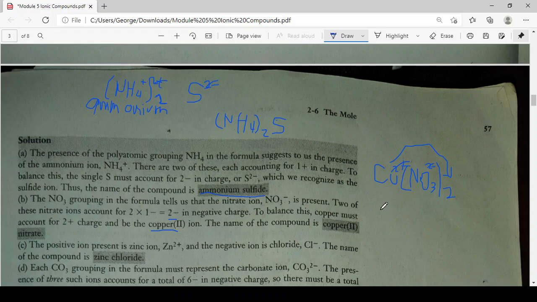Therefore, ang final answer natin sa aton nga problem in naming ionic compounds is this. You have your copper 2 and your nitrate, your copper 2 nitrate. Paano siya basahon? Again, you will read this as copper 2 nitrate.